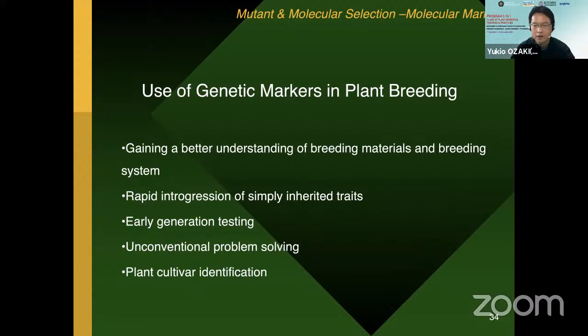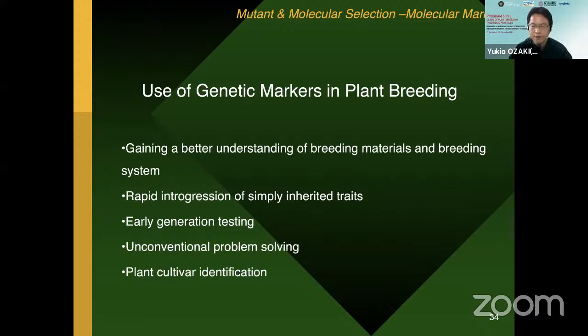An understanding of the breeding materials will allow breeders to select the appropriate parents to use in crosses. Usually, breeders select genetically divergent parents for crossing. Molecular characterization will help to select parents that are complementary at the genetic level.